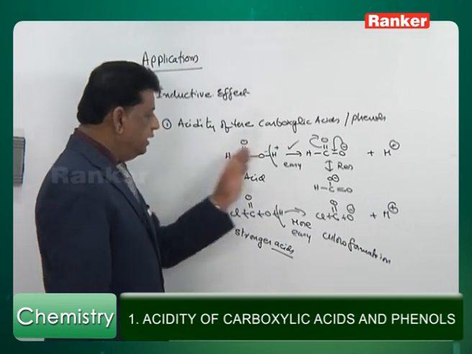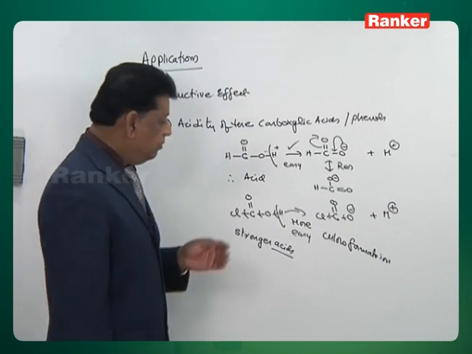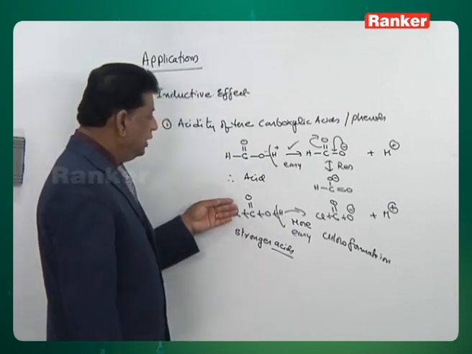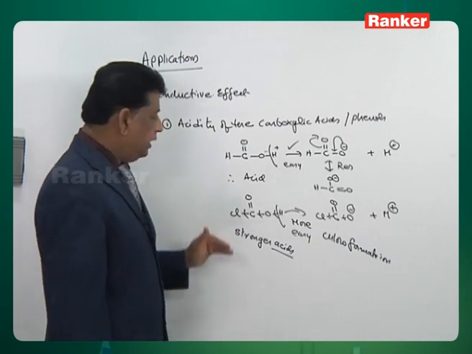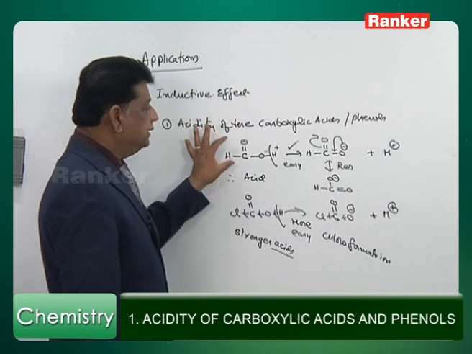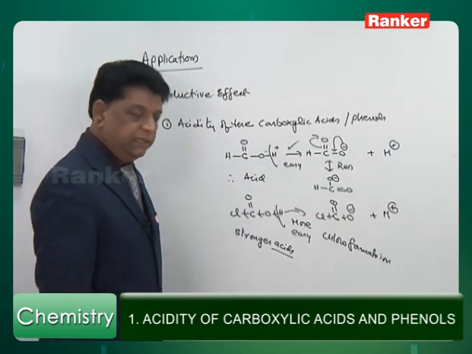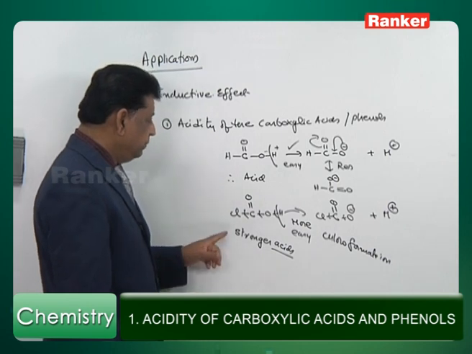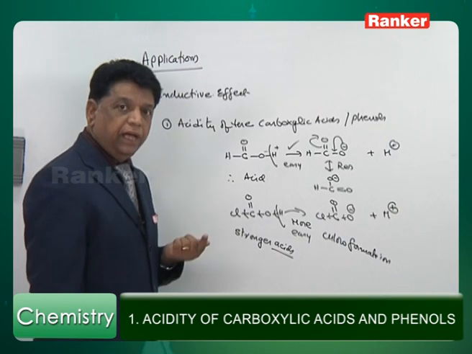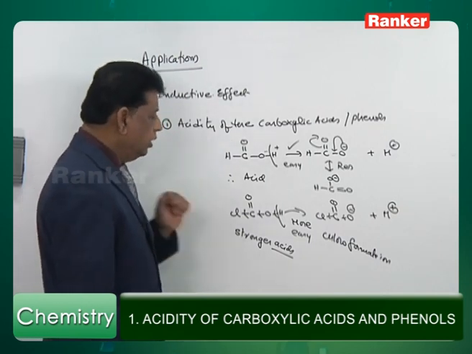That is why the chloroformate is readily formed, that is nothing but the proton donation becoming easy. So, finally, what we say is chlorine-containing formic acid is a stronger acid than formic acid. Why is the formic acid acidic? Because of the resonance, that has nothing to do with the -I or the inductive effect. Here the chloroformic acid is stronger. The comparison is what we are explaining through this inductive effect.